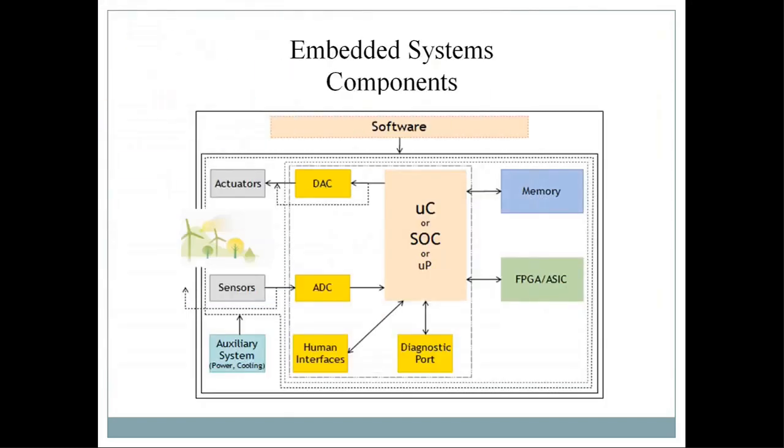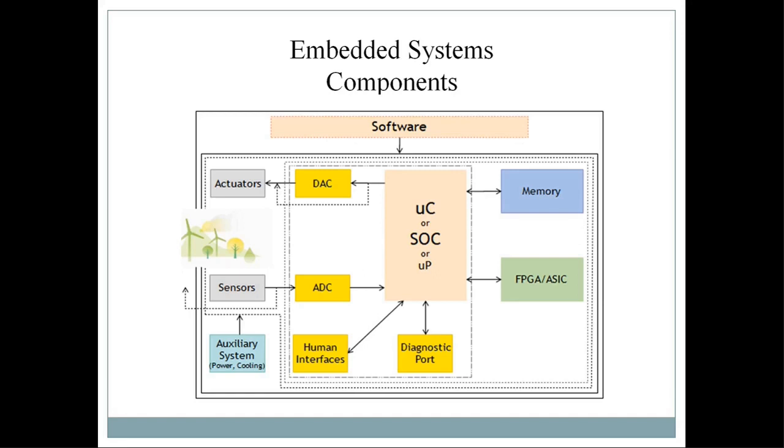Here are some components required for an embedded system, like software. Mostly C or C++ or embedded C programming languages are used in embedded systems. Then there are some actuators, and their output is either digital or analog. Analog means it varies between 0 to 5 volt or 0 to 12 volt.